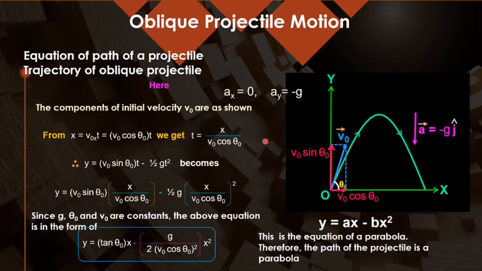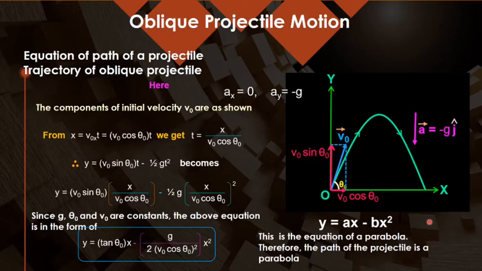Take the value of t from the x-axis equation, put it in the y-axis equation. t will get eliminated, and you can write y in terms of x. So y in terms of x, I am getting y equals ax minus bx square. This is the equation of a parabola, and this is the proof for the path of the projectile.